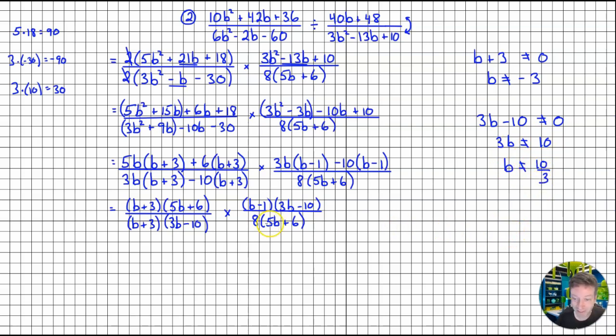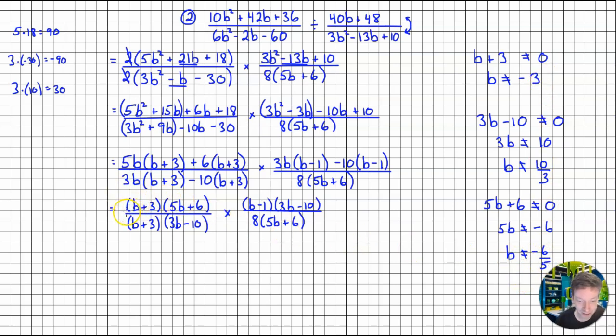And finally, we have this 5b plus 6. 5b plus 6 cannot equal 0 because you cannot divide by 0. So when we rearrange this, we're going to get that b can also not be negative 6 over 5. So 3 restrictions we have here.